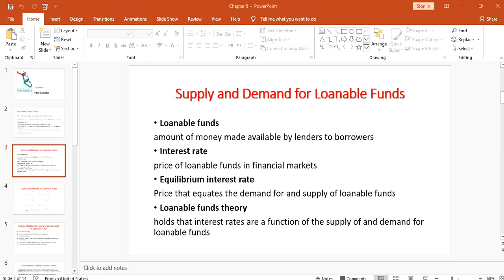Okay? So at which rate they are agreeing upon. The price of loanable funds, which is interest rate, is determined by the volume of supply and demand of loanable funds.